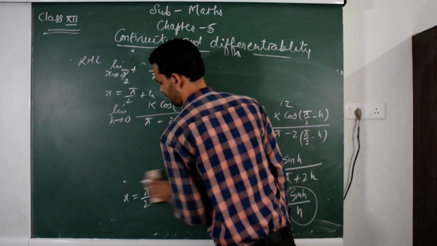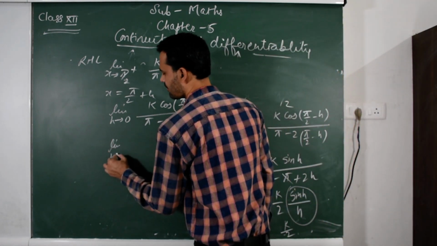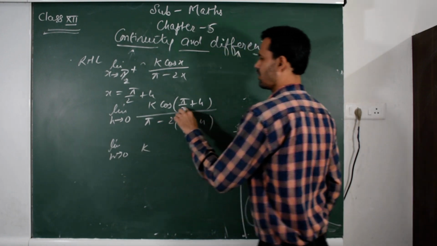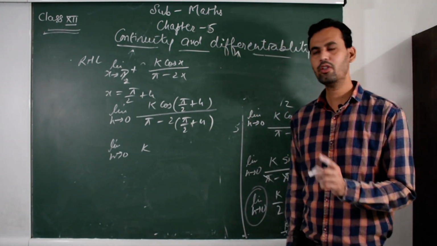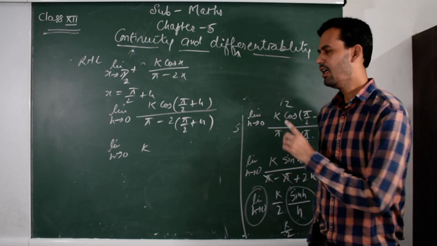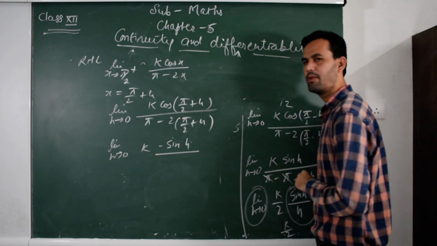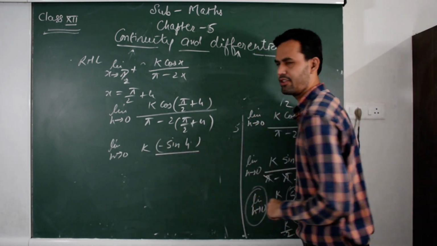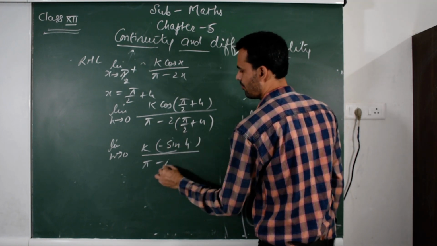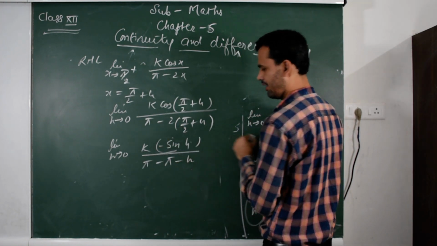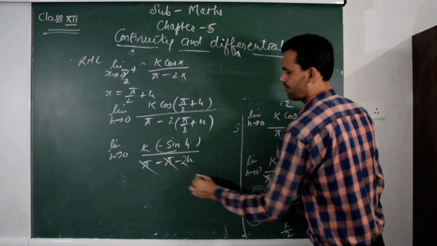We all know that cos(90 plus theta), in the second quadrant, is minus sin theta, so it becomes minus sin h, and in the denominator pi minus pi, minus 2h.